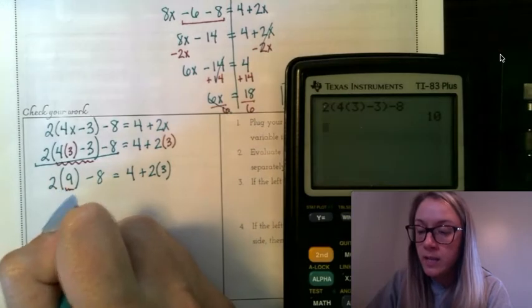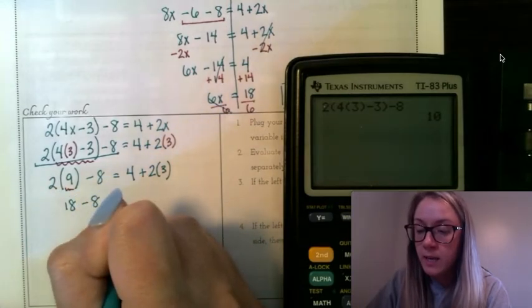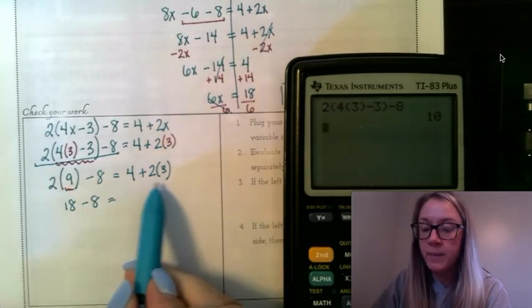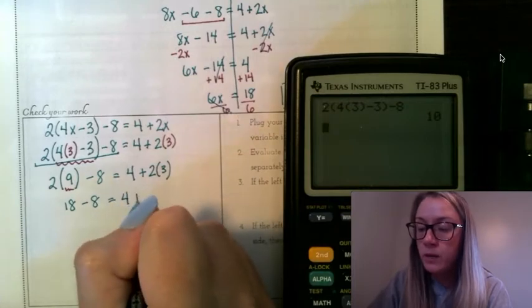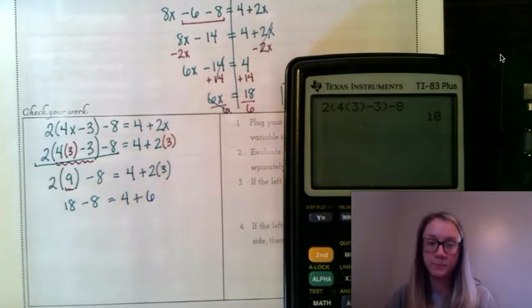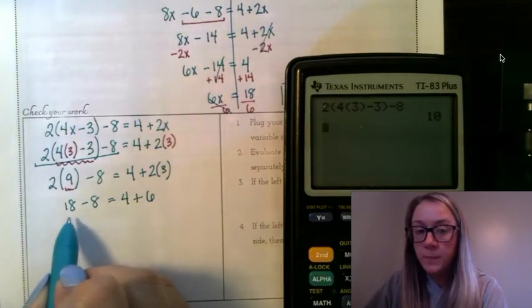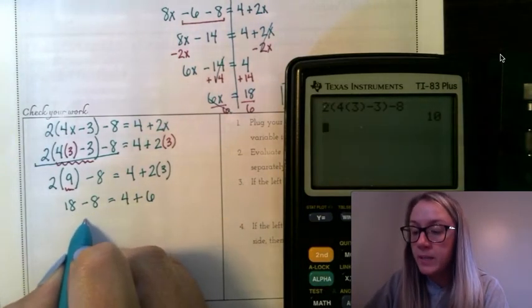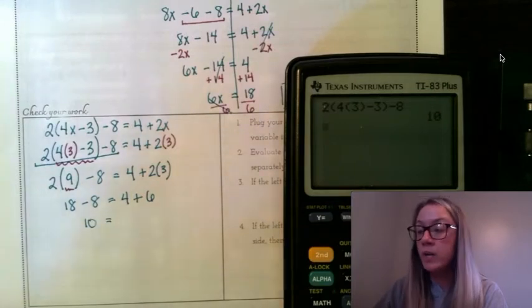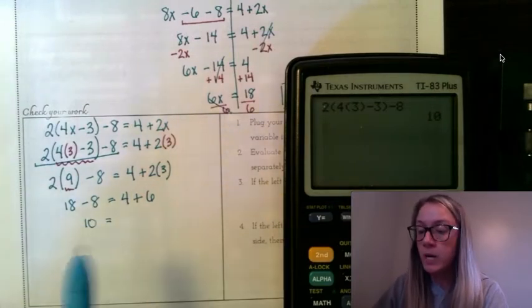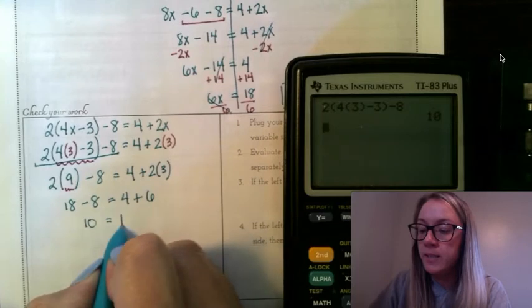I still have my minus 8. And then if I go on this side, I'm going to simplify my 2 times 3. So I have 4 plus, and that is 6. Then I can simplify here. 18 minus 8 is 10, which was what I got in my calculator, so that does work. And then 4 plus 6 is 10.